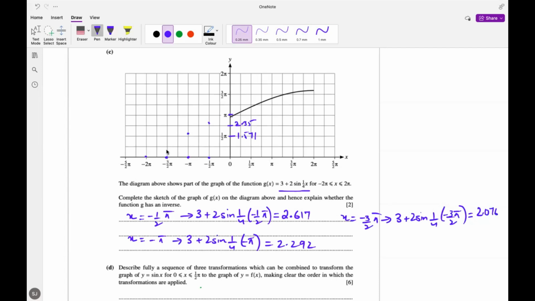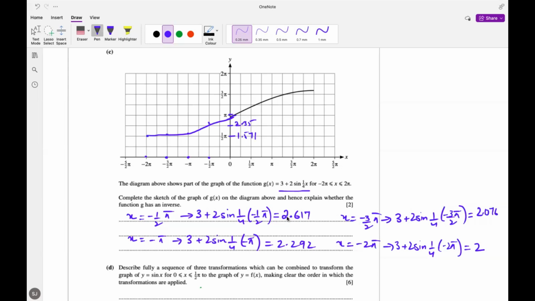So it will be somewhere above 2.292, just above the line. And substituting x equals minus 2 pi into the equation, we'll get 3 plus 2 sine of 1 upon 4 into minus 2 pi. When you substitute this, you will get a value of 2. So at minus 2 pi, the value will be 2. So we'll complete the graph, which will look somewhat like this.